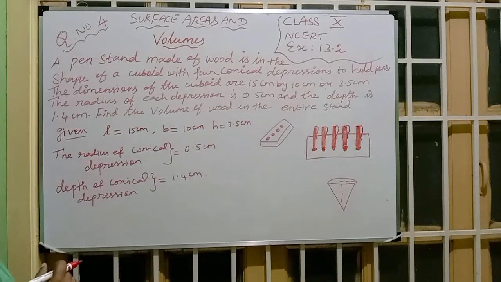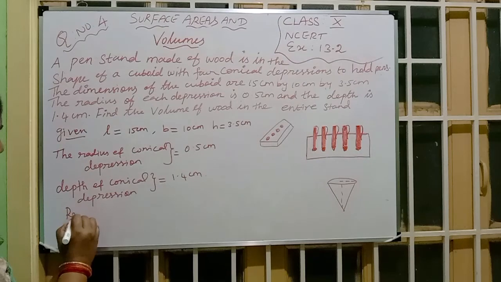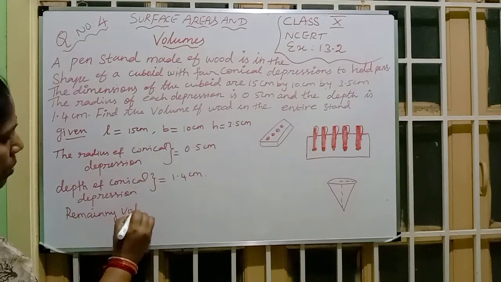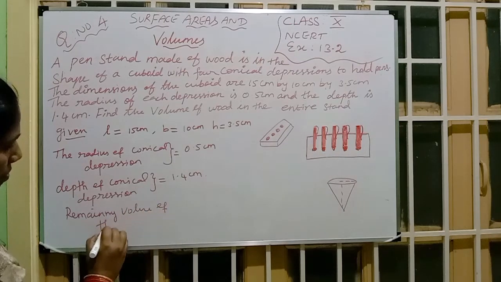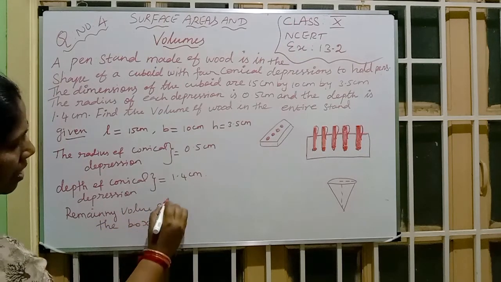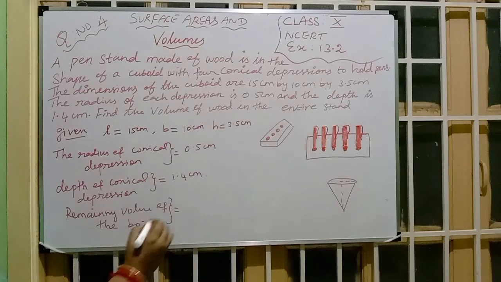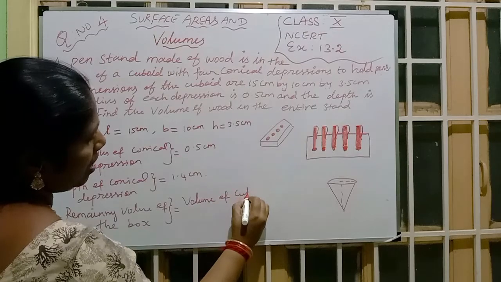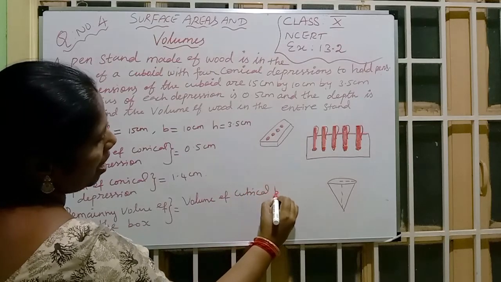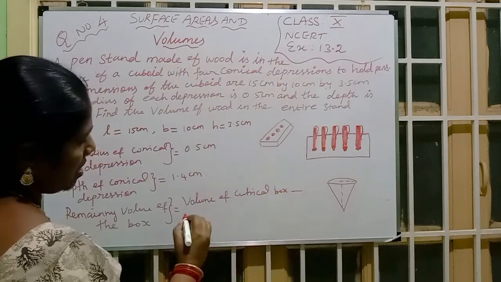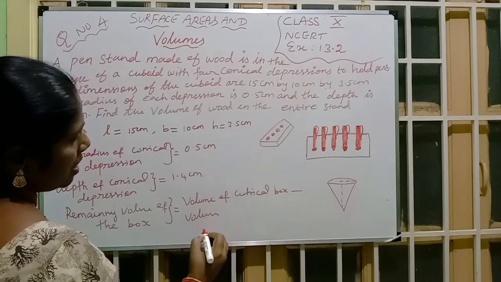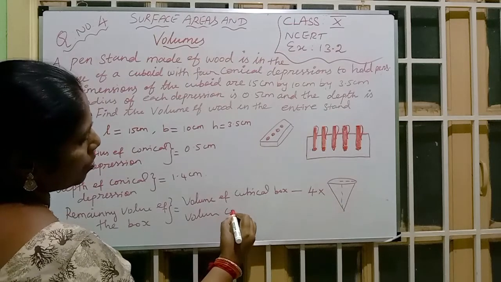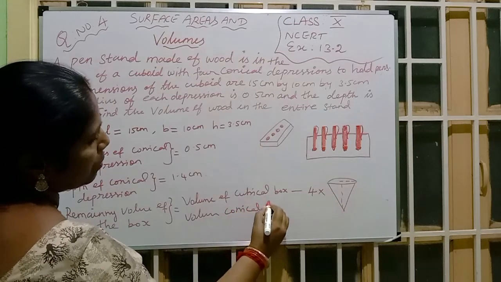That is the remaining volume of the box. That is, volume of the cuboid box minus 4 into volume of conical depression.